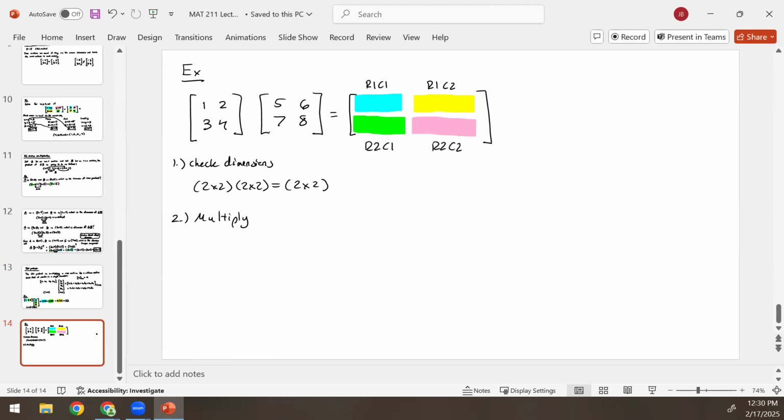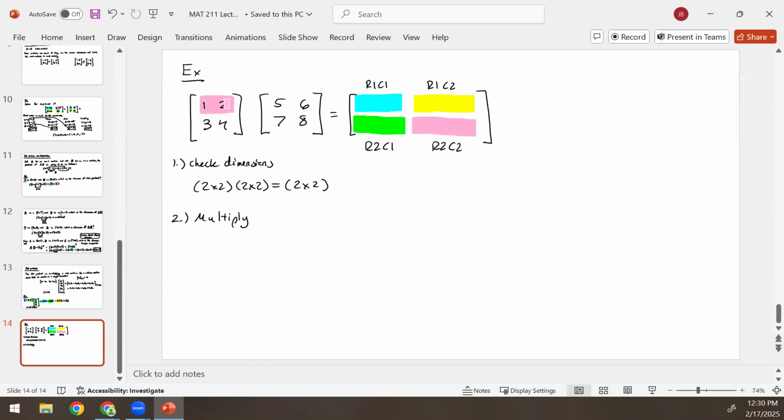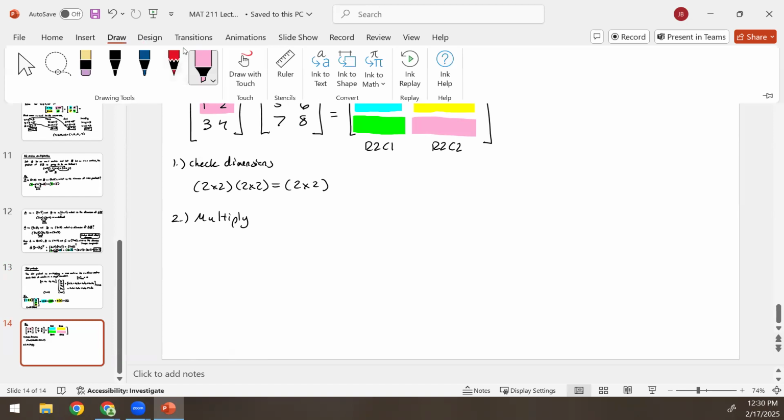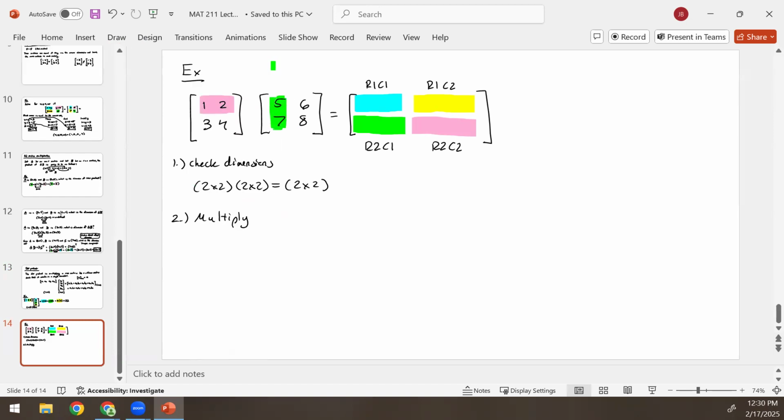Like if I were to label them out. So then ask yourself, row 1 is going to be this row right here, right? And then column 1 is going to be this one right here, right? So if I want row 1, column 1, which 2 am I going to multiply? I am going to multiply row 1 times column 1, right?